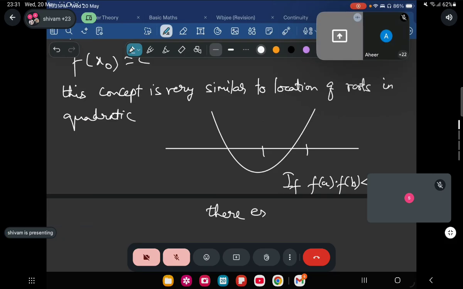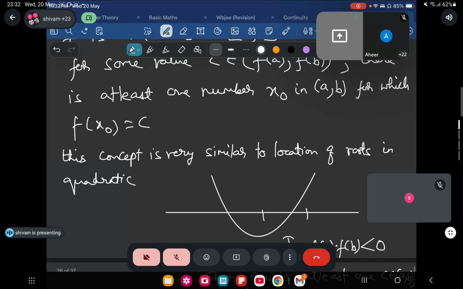There exists at least one c belonging to a comma b such that f of c equals 0, and this is the point c. Right, everyone, tell me, yes or no?